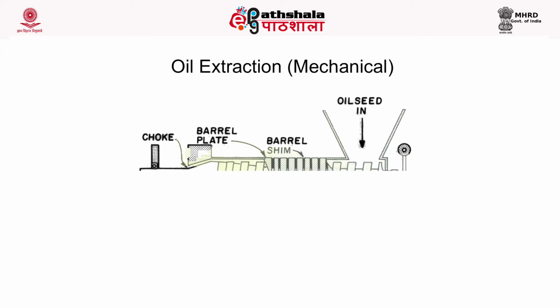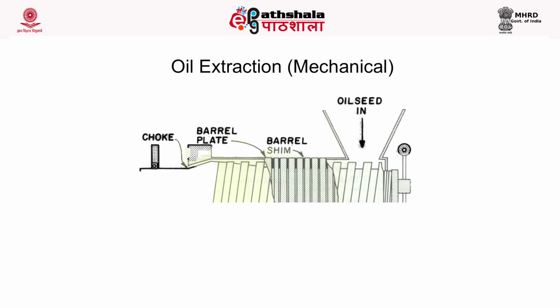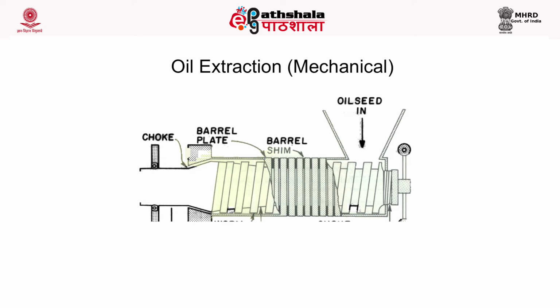This is the screw conveyor in the picture, and you see the available diameter of the screw as it moves from one end to the other is increasing, and with this increased diameter, the space between the barrel and the screw decreases and causes more compression.